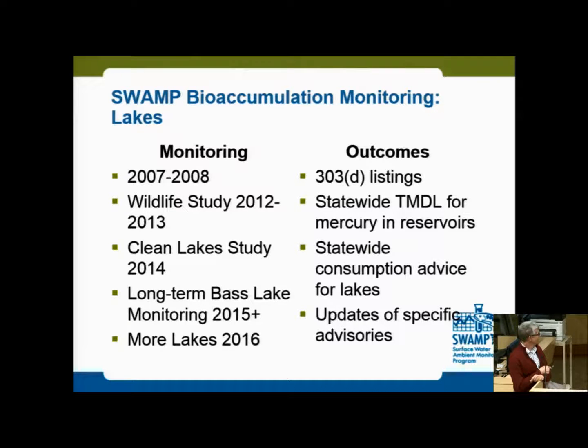One of the forms of action is a statewide TMDL that's in development for reservoirs, the first statewide TMDL for California. Also, this work resulted in the first statewide consumption advice for lakes from the Office of Environmental Health Hazard Assessment. And then there's been a lot of updates of specific consumption advisories for water bodies as well.